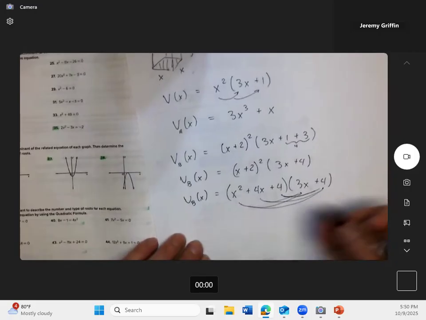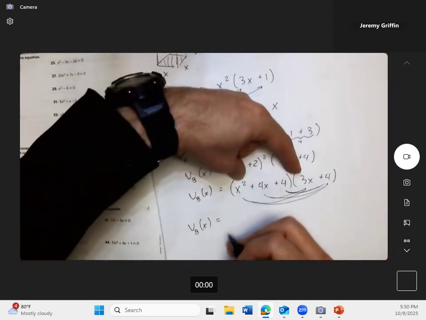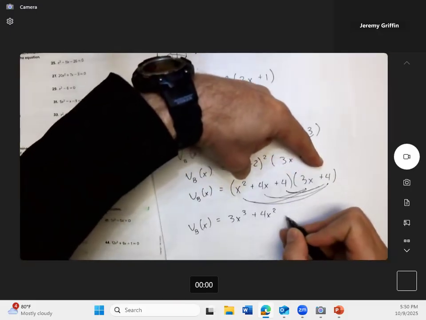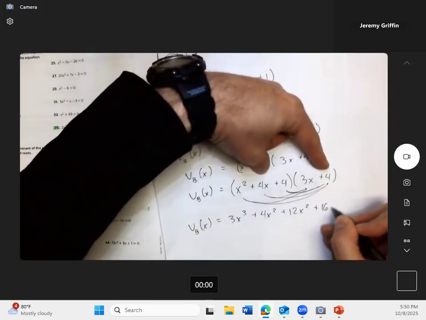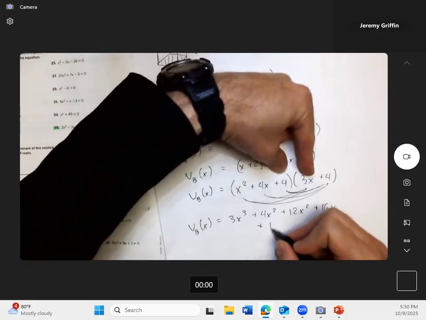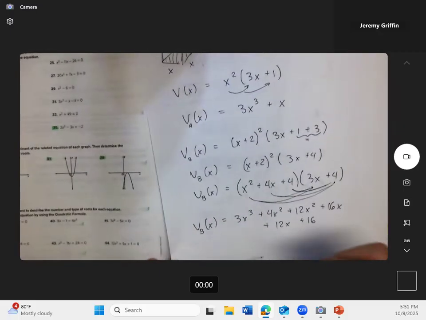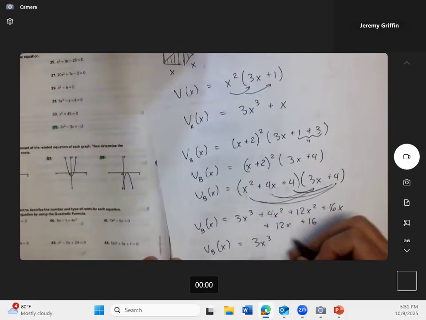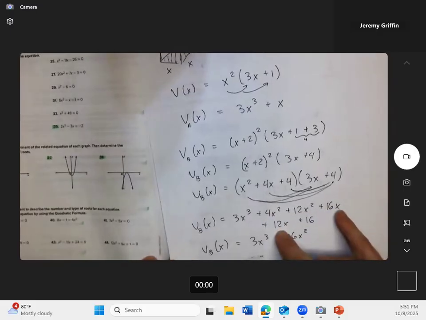So volume B as a function of x equals 3x to the third plus 4x squared plus 12x squared plus 16x plus 12x plus 16. Okay, I can combine some of those terms. I get volume B as a function of x is 3x to the third, this is 16x squared, this is 28x.